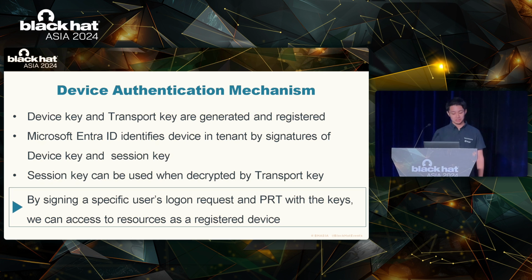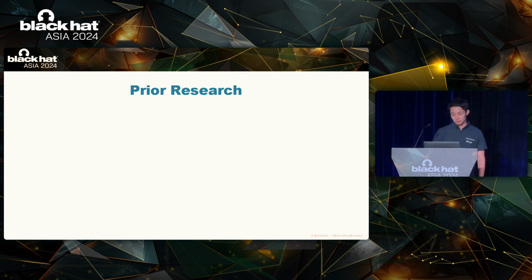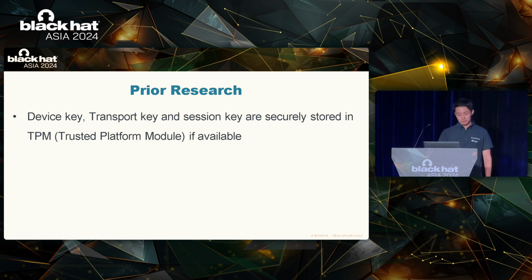So getting back to the research goal, from this mechanism, we can say that by signing any user's login request and also the PRT with those keys, we can access Entra ID as a registered device and bypass the device-based conditional access. However, those keys, the device key, transport key, and also the session key, are all securely stored in the TPM, the Trusted Platform Module, if the device has it.